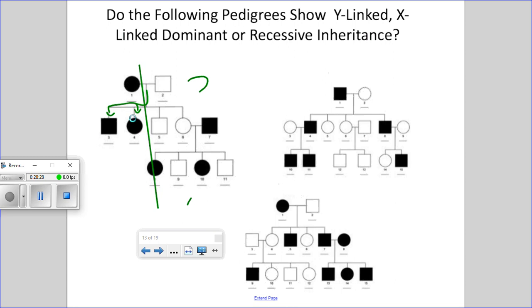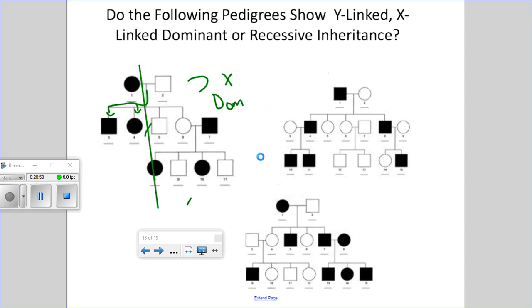These two children here are not affected, but this daughter here has children with an affected male, and the disease is showing up in all of their daughters. So it would suggest that it is an X-linked dominant pattern of inheritance.